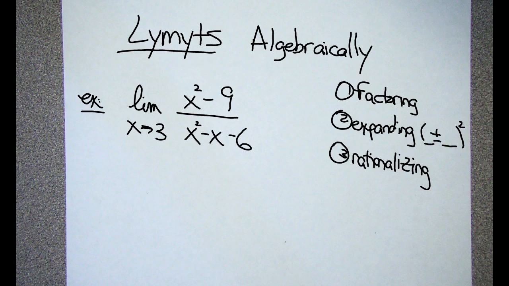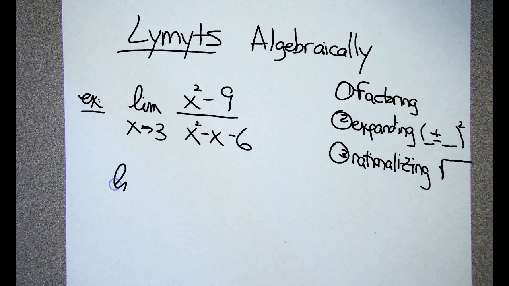A binomial squared turns into a trinomial. But then you might be able to cancel stuff after that. Rationalizing, you're going to have some kind of square root in there somewhere. Factoring, you're going to look at it and hopefully be like, okay, I can factor that.